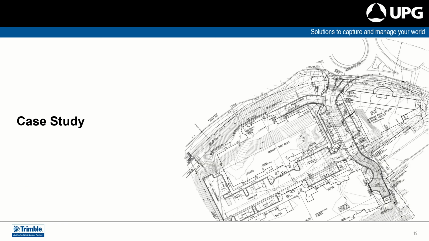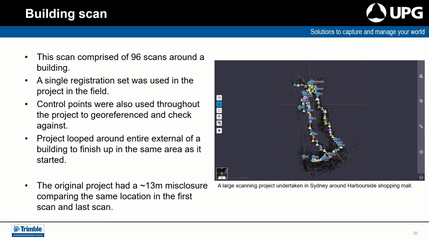So let's look at a case study. This is a case study surrounding a building in Sydney, where 96 scans were done as a single registration set, essentially being treated as a long linear scan project. While it was done as a loop and it comes back onto itself, you can't join the end back into the start of the project.